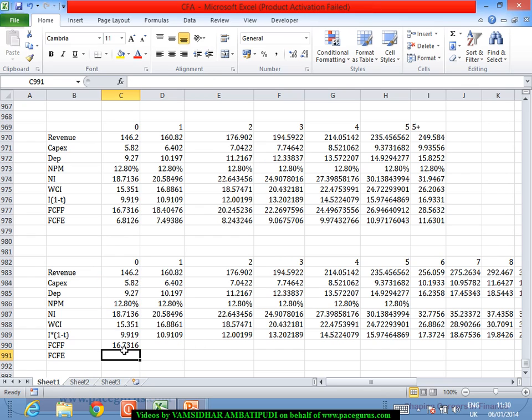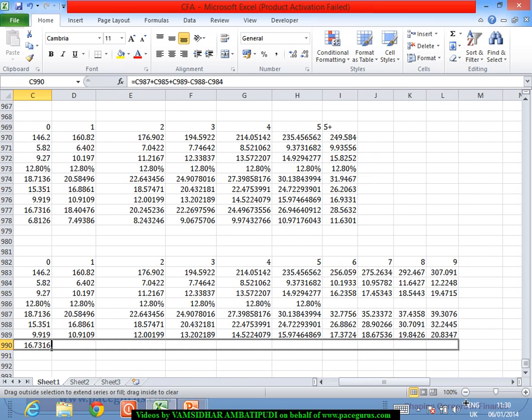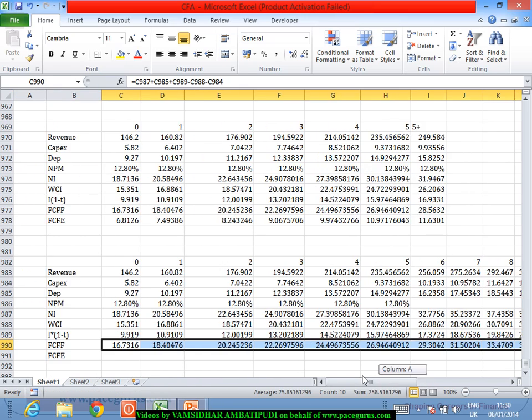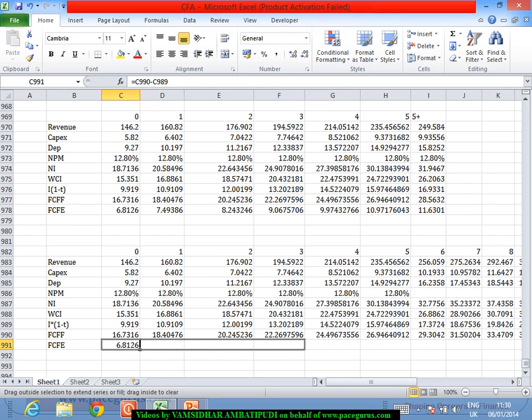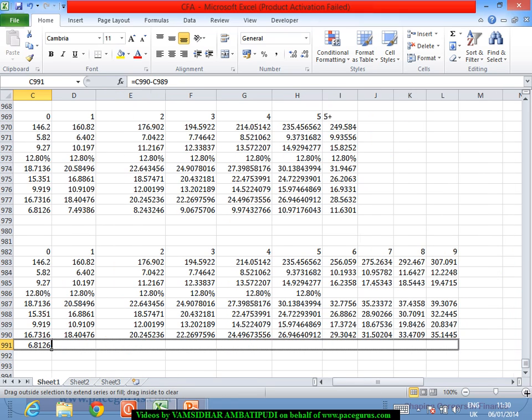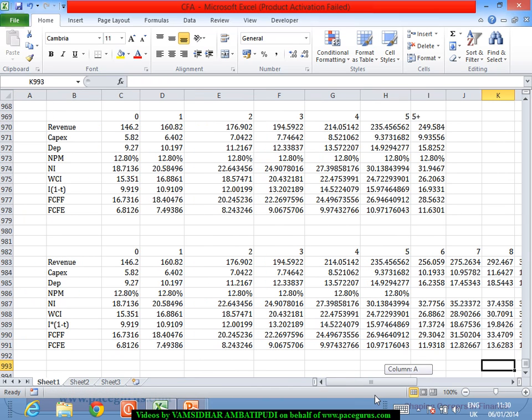This is what is giving me the free cash flow to the firm in each of these years, and similarly the free cash flow to the equity coming out as free cash flow to the firm minus I into 1 minus T. So this is what is coming out as the free cash flow to the equity. So here I am making an assumption of no new borrowing being done, right? Only the interest is changing at a different pace each of the years. That is the assumption I am going with.